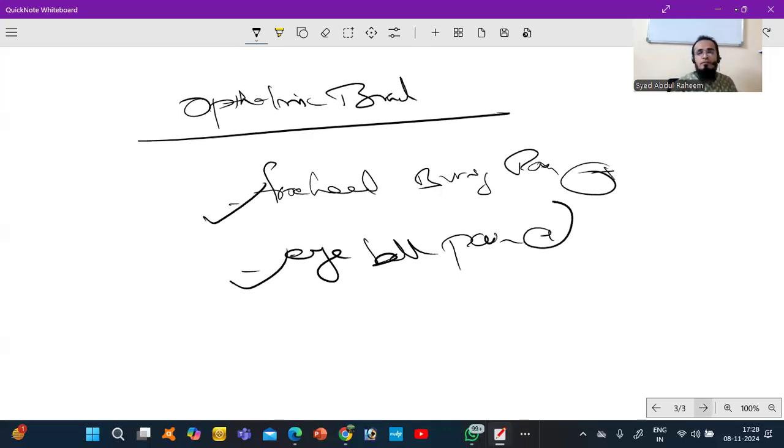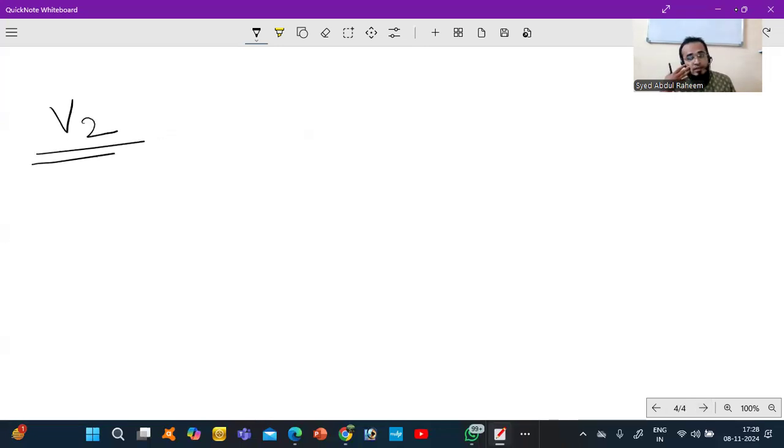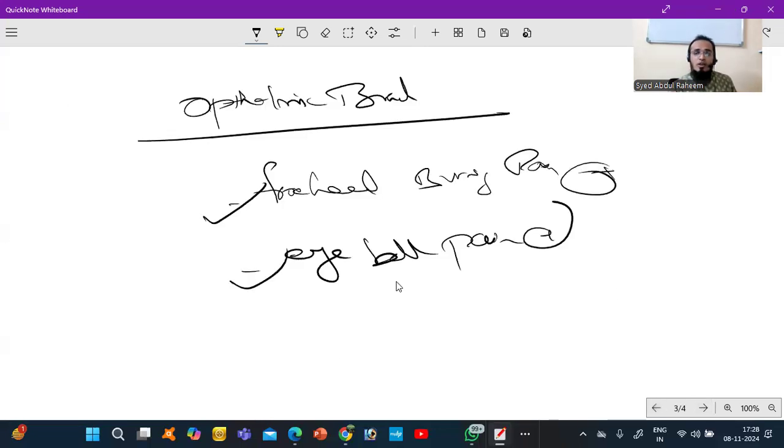Okay, if branch number two, the maxillary branch, is affected, what will happen? We can see pain in the nose area also, nasal pain or running nose. Some patients will have this.